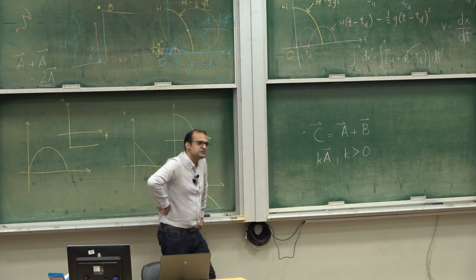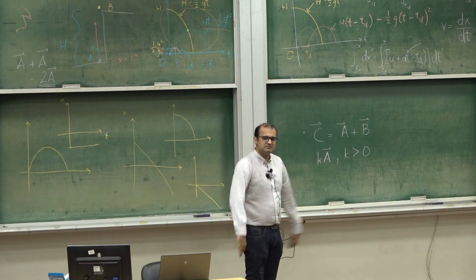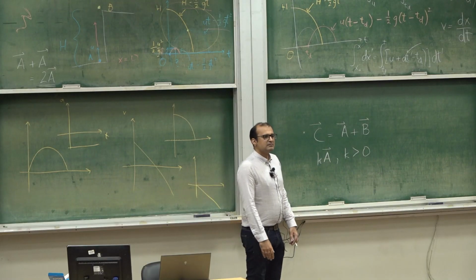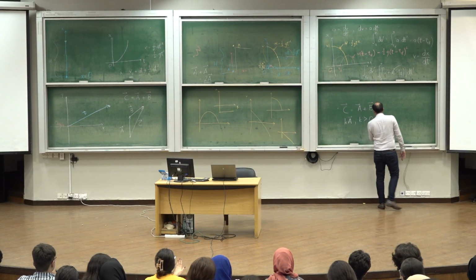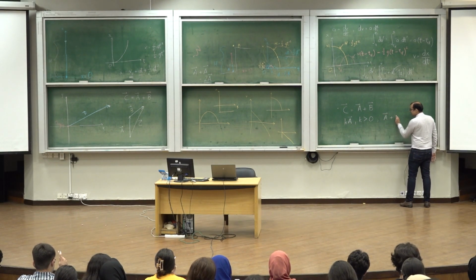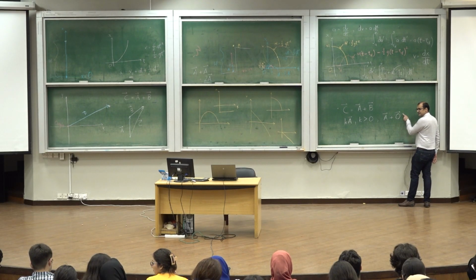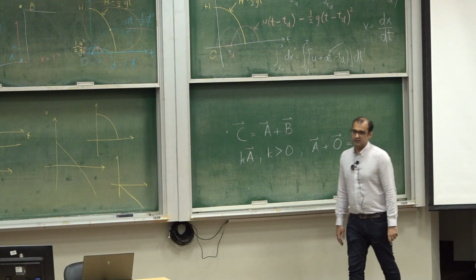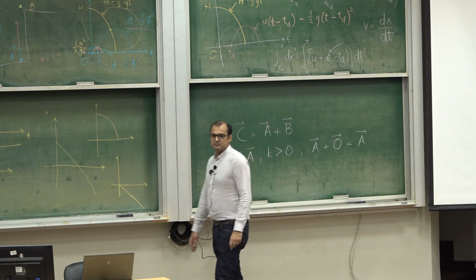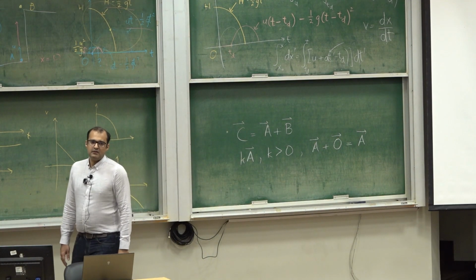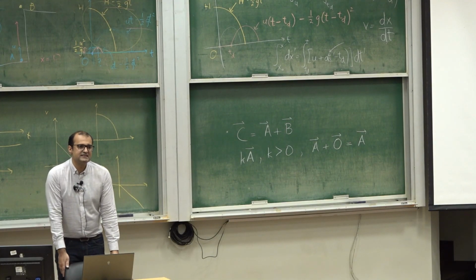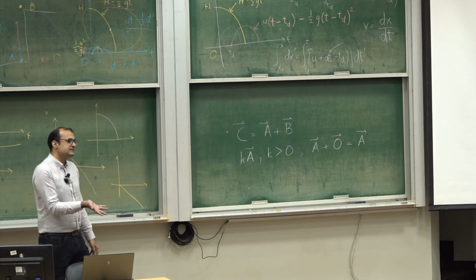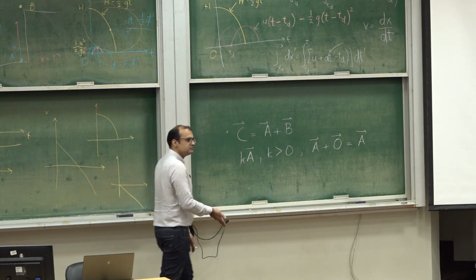So in other words, I move 2 steps, for example, and then I just do nothing. That's the 0 vector. The 0 vector is the vector such that A plus the 0 vector, I'm putting an arrow on top to denote that this is a vector, is equal to A for every vector A. It's exactly the same as how you construct the number 0. And then, given x, how do you construct minus x?